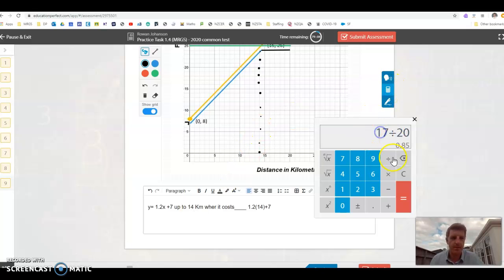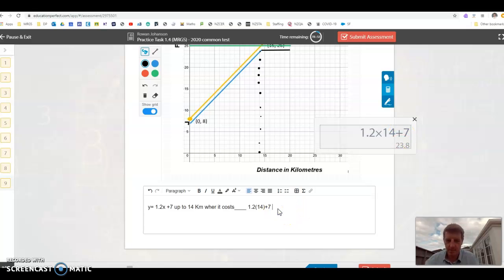I can do that here. So 1.2 times 14 plus 7. So that's going to cost you $23.80. There's my evidence.